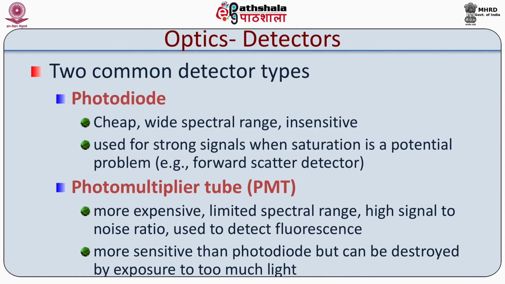The two common detectors include the photodiode, which is low power, cheap, and provides a wide spectral range, and is used for detection of strong signals when saturation is a potential problem, and generally for forward scatter detection. And then there are the photomultiplier tubes, which are more expensive with a limited spectral range and a high signal to noise ratio, used for detection of fluorescence.